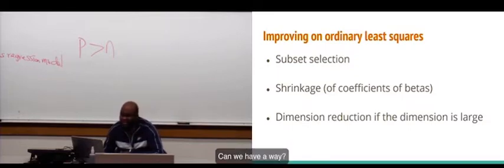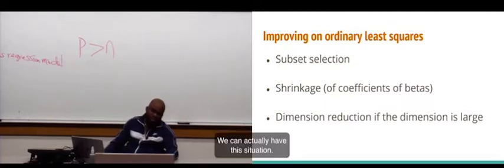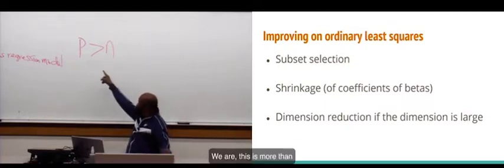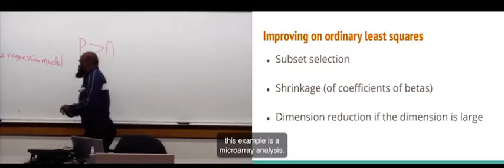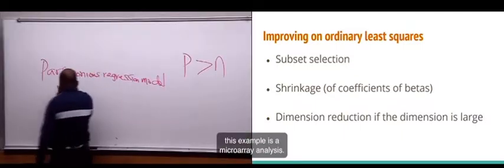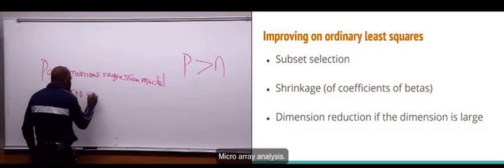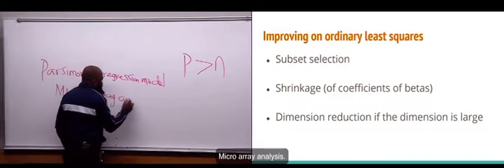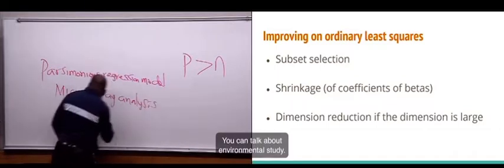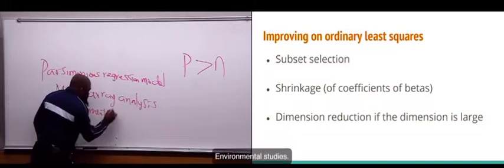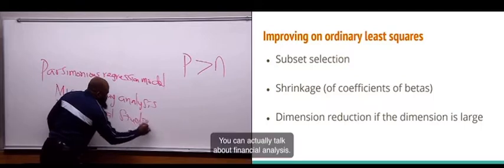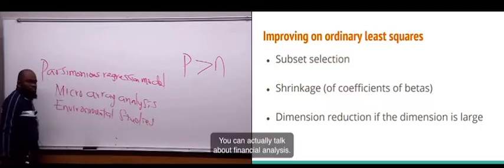Okay? Let me tell you this. We can actually have a situation where P is more than N. An example is microarray analysis. You can talk about environmental studies. You can actually talk about financial analysis.